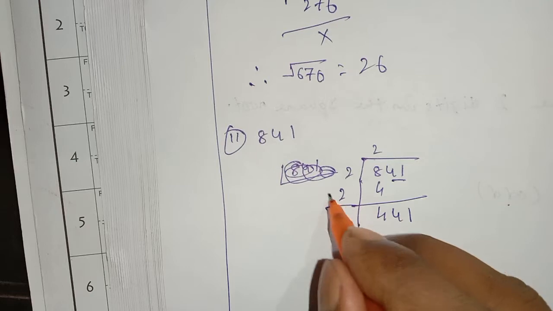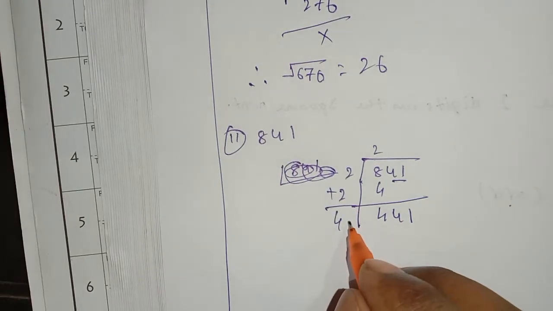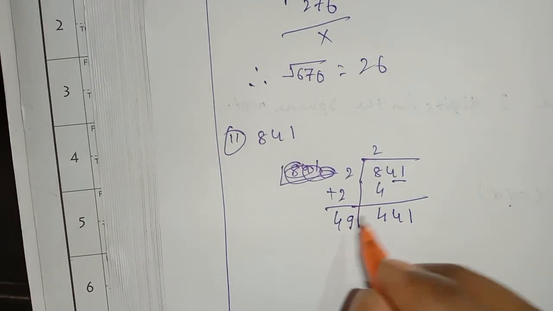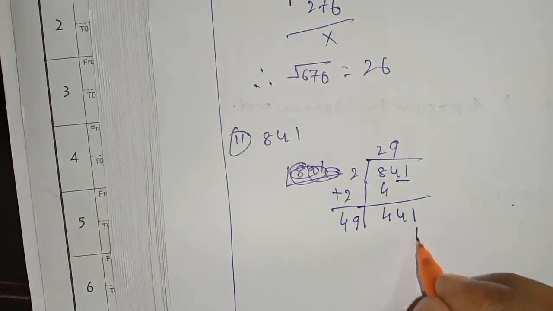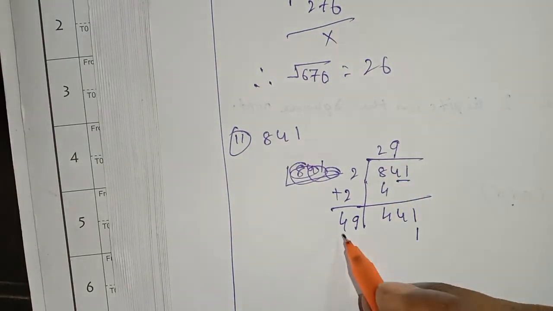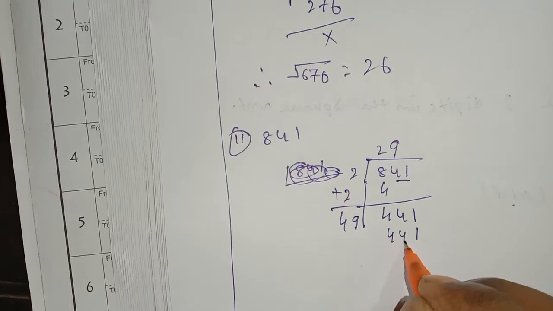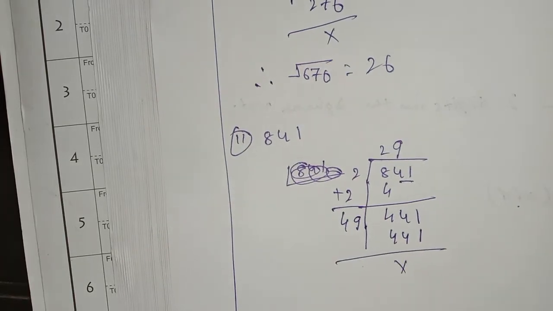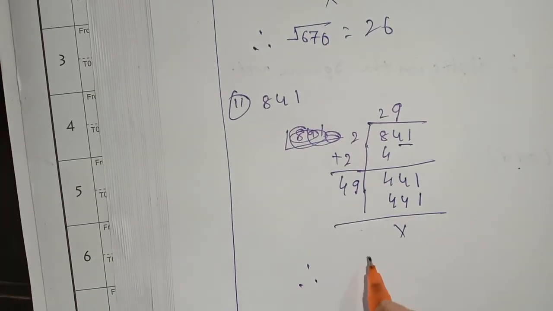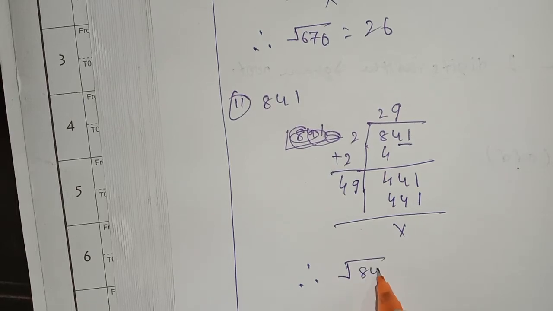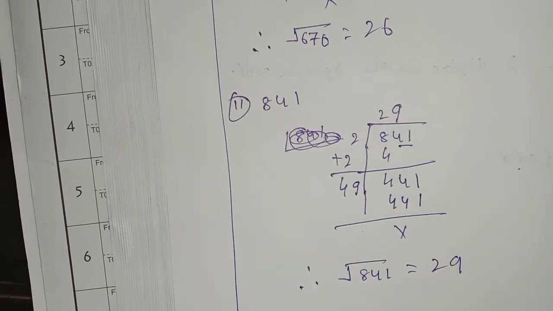This 2 is added here, so 4. Now again, what number can we put? If we put 9, then 9 9 is 81, carry 8, 9 36 and 8 is 44. Understood? Therefore the square root of 841 equals 29.